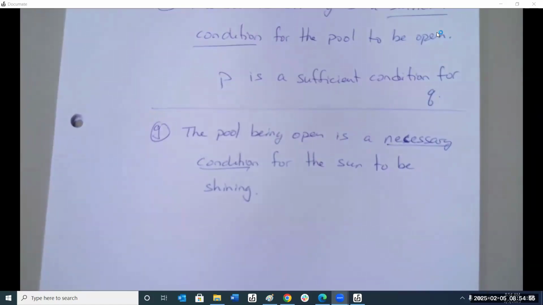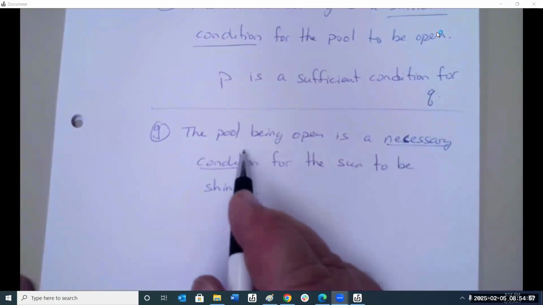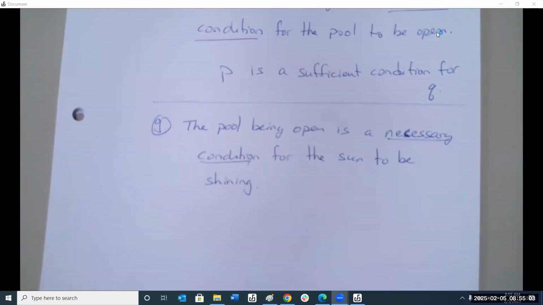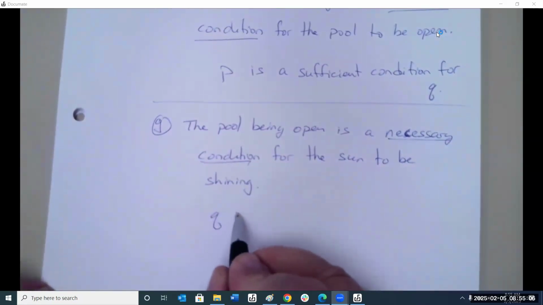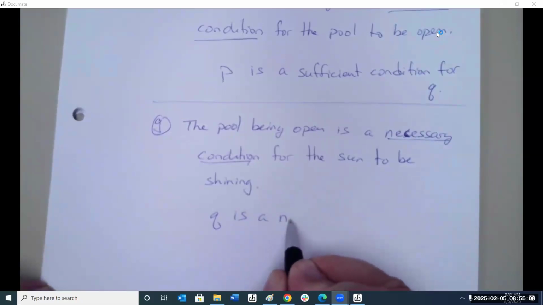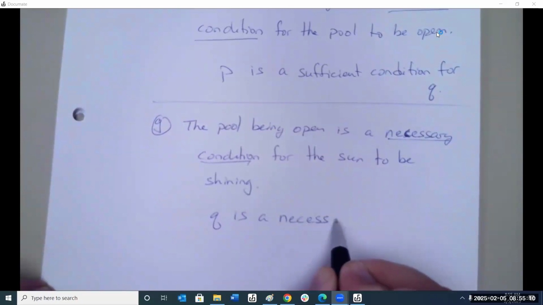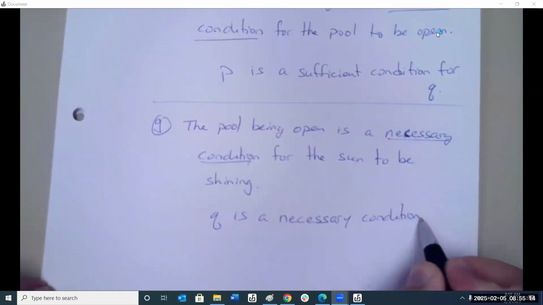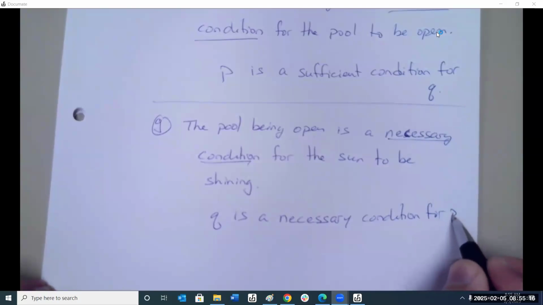So without ever knowing anything else, it's a necessary condition that the pool being open will tell you that the sun is shining outside. So Q is a necessary condition for P.